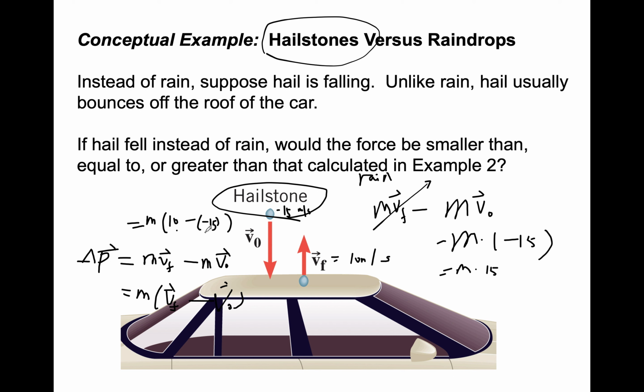This is going to give us 25 m. So for the same initial velocity and same mass, the force from the hailstone is going to be larger than the force from the rain, because the rain has a smaller change of momentum, and the hailstone has a larger change of momentum because it bounces back.